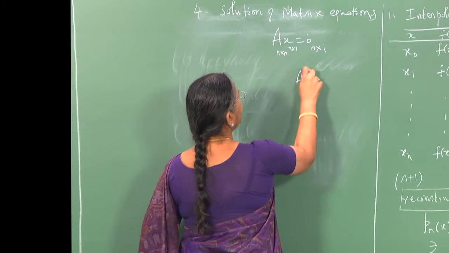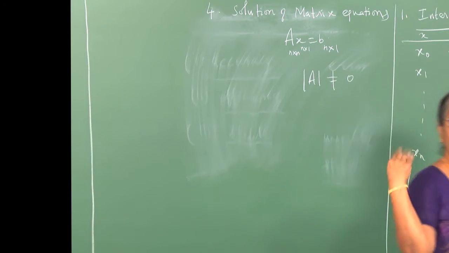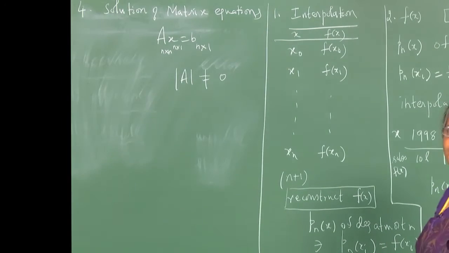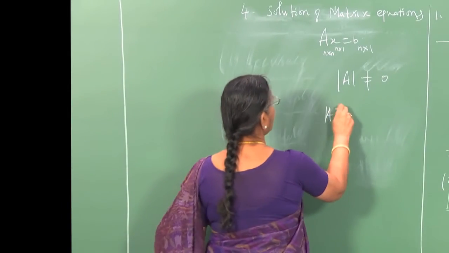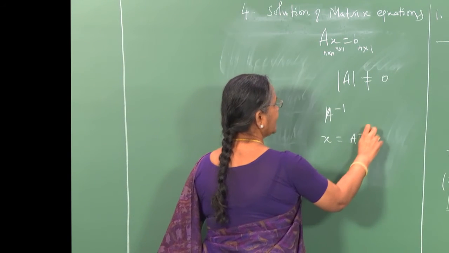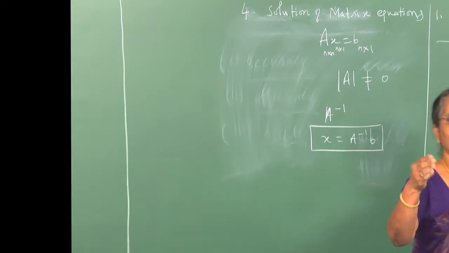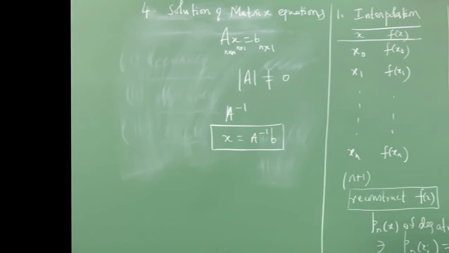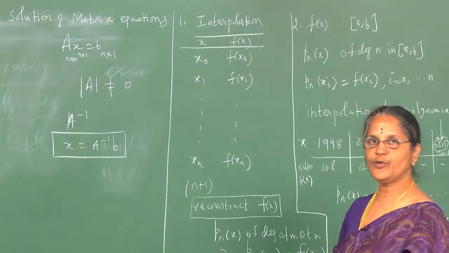If determinant A is different from 0, when matrix A is invertible, non-singular, then in that case you will be able to compute the inverse of this matrix and write down the solution as A inverse b. This is how you have solved some simple matrix equations where A is a 3 cross 3 matrix or 2 by 2 matrix in your previous semesters, or you would have solved them in school.